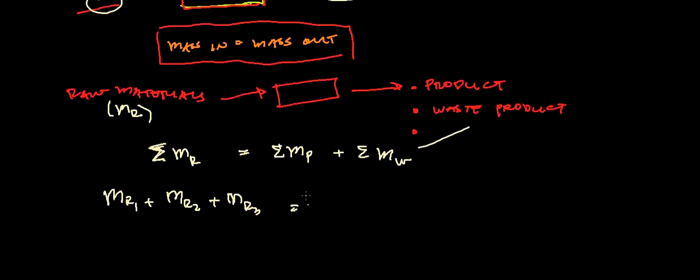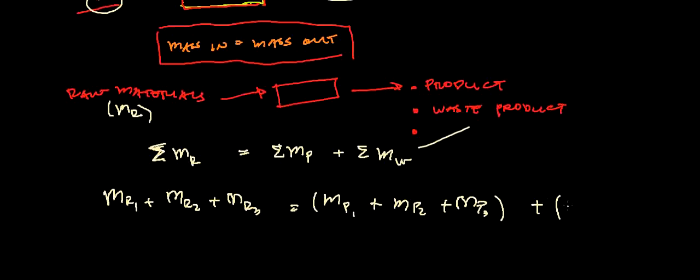is equal to, say you also have 3 products, product 1, product 2, and product 3, plus, of course, the summation or the total waste that is being collected.